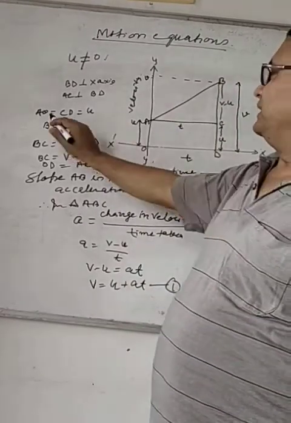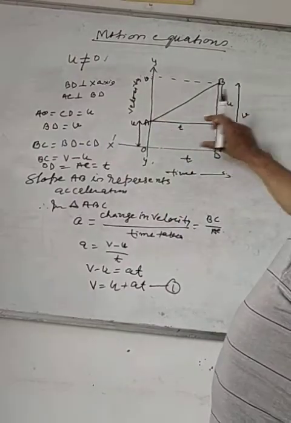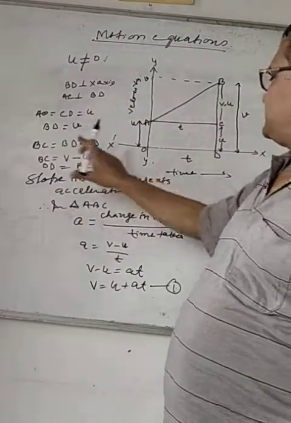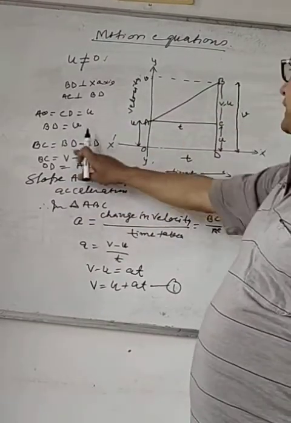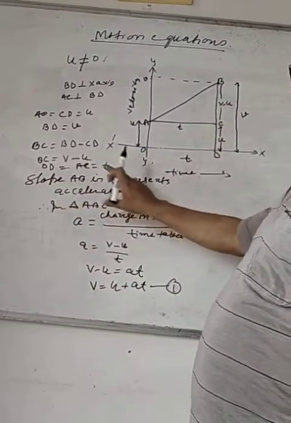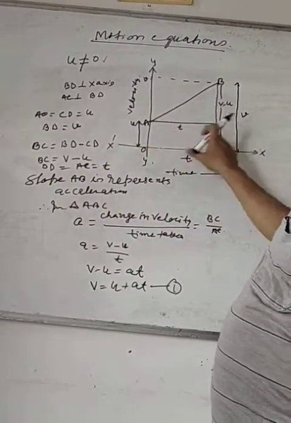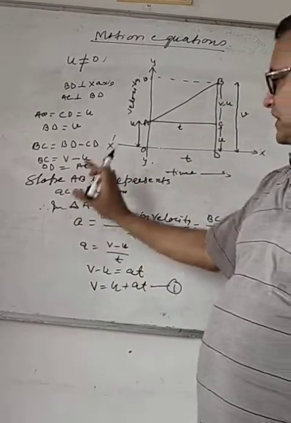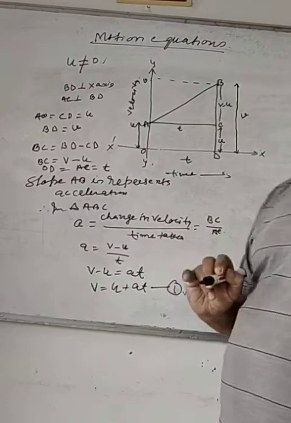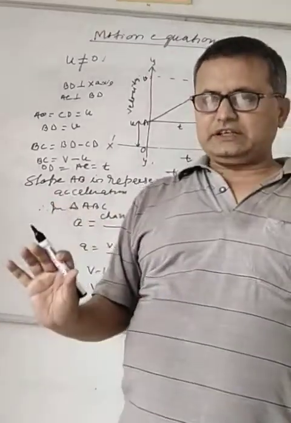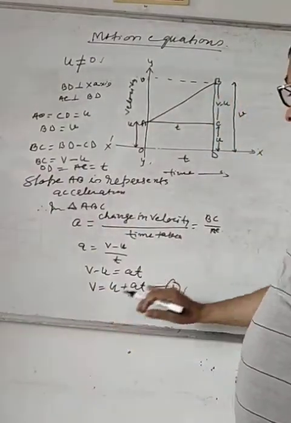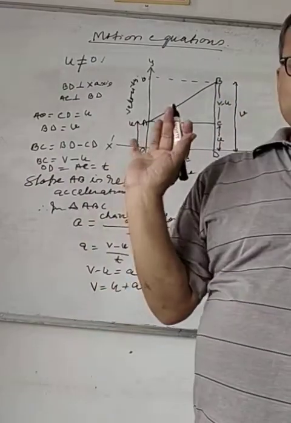The value of AO equal to CD is U, BD equal to V, BC equal to BD minus CD, that is V minus U, and OD equal to AC, that is equal to T. On this basis we obtain the first motion equation, known as the velocity-time relationship.